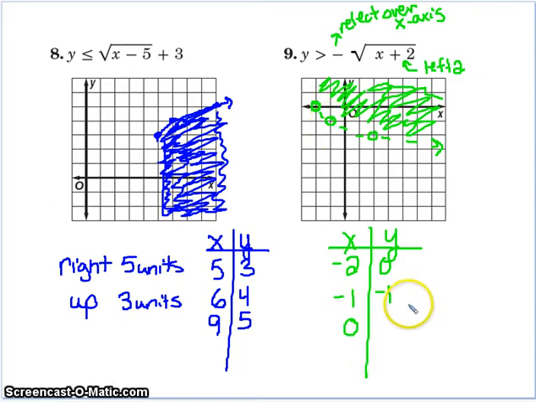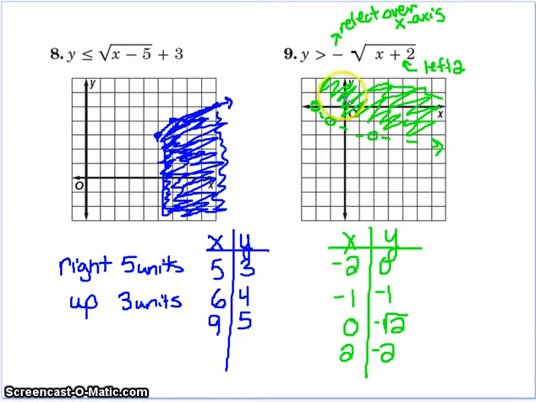If I plug in a 0, that's just going to give me negative square root of 2. Well, that's about 1.4. So I did pretty good guesstimating. And if you want to see if 2 works, if I plug in a 2, 2 plus 2 is 4, which gives me the square root of 4 is 2. So my answer should be -2, which is where I'm at, 2, -2.